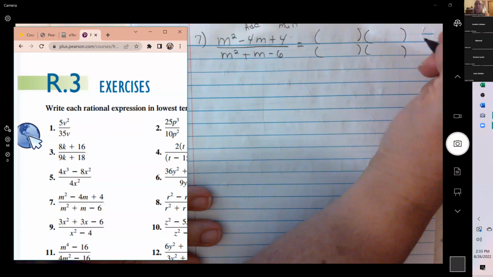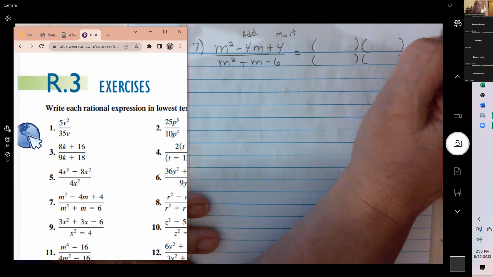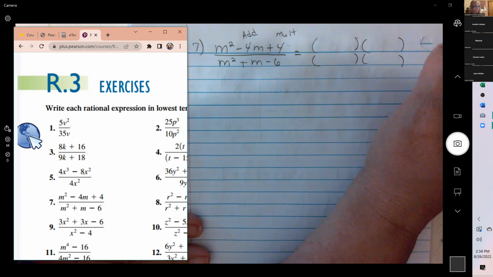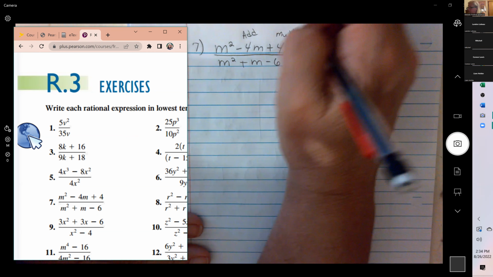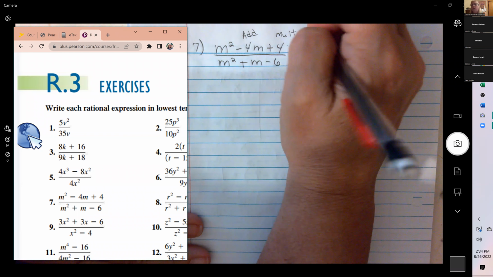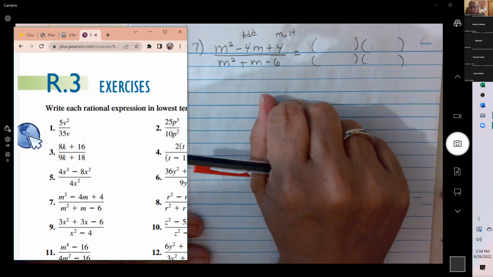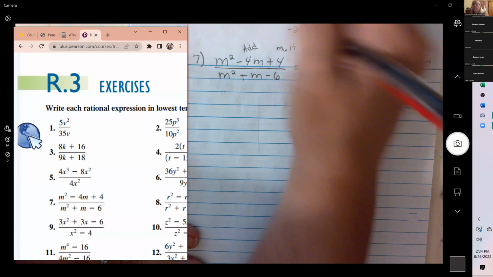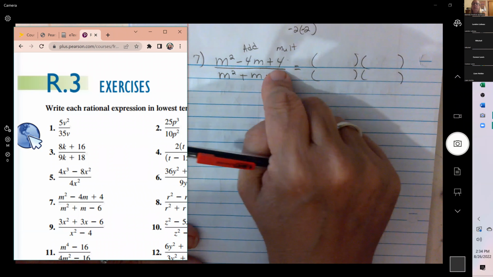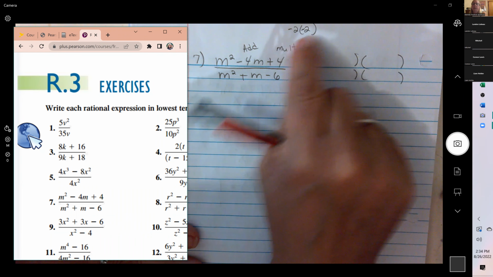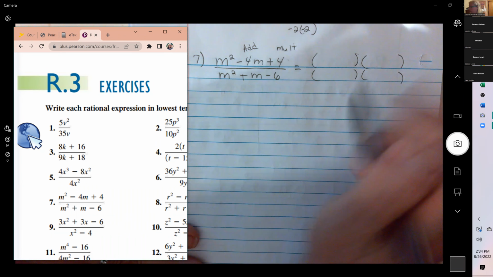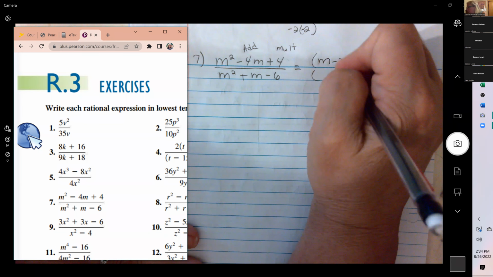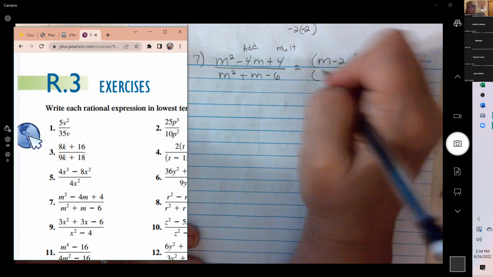What would those be? -2 and +2. Well, no. 2 negatives, right? Yeah. -2 and -2. Negative times negative gives us the +4. When we add them, we get a -4. So it's m-2 and m-2.